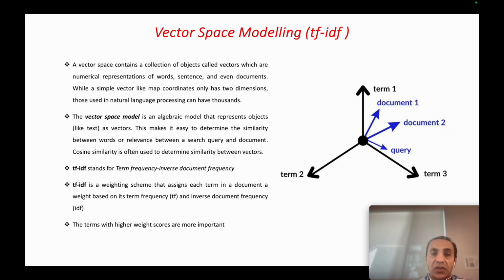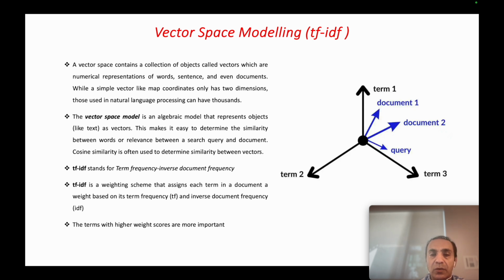Those used in natural language processing, where this method TF-IDF is used a lot, can have thousands of coordinates or dimensions.